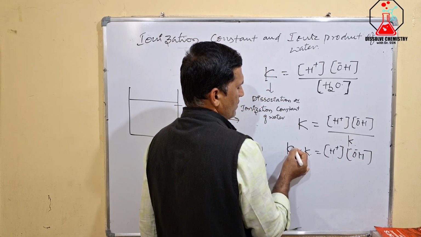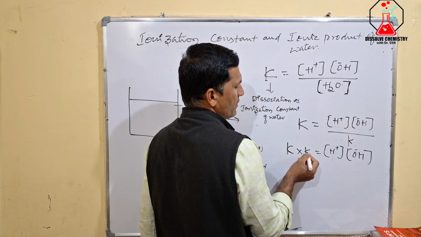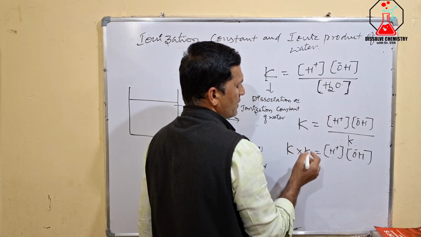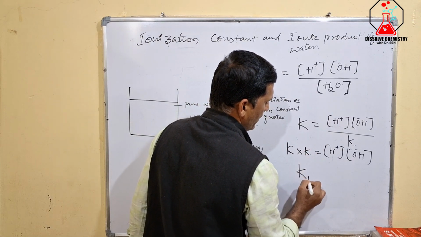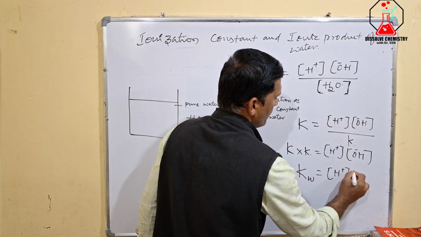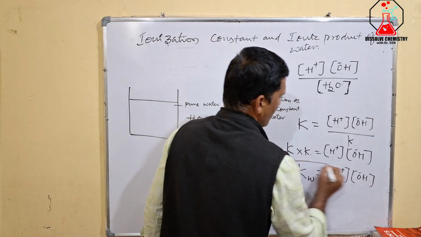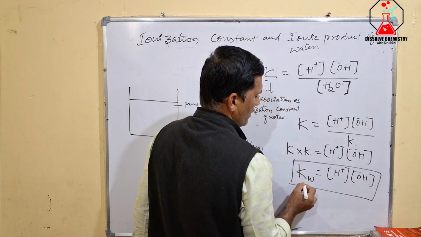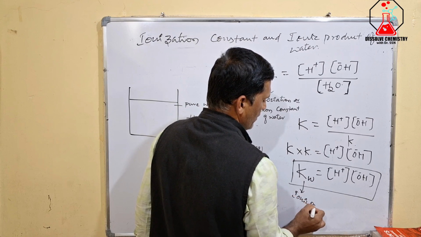Okay, so this dissociation constant K and the other constant taken for the concentration of the water, their product we call it as what? Another constant called Kw, which is equal to the product of H plus and OH minus, and this we call the ionic product of the water.